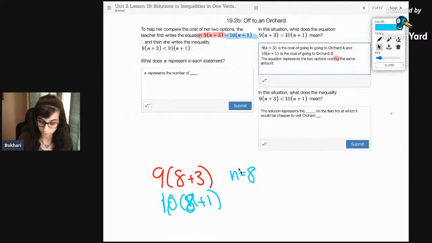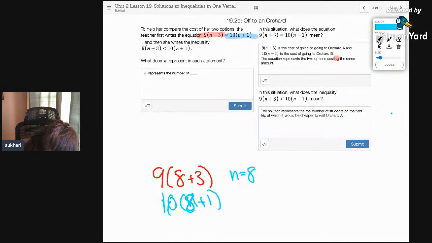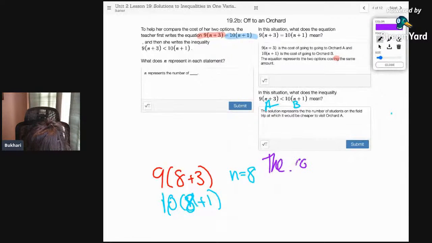But if they're unequal and you have an inequality, here the solution represents the number of students, that's what our n represents, on the field trip, that would be cheaper to visit Orchard A. This is Orchard A. So that means that the cost of Orchard A is less.